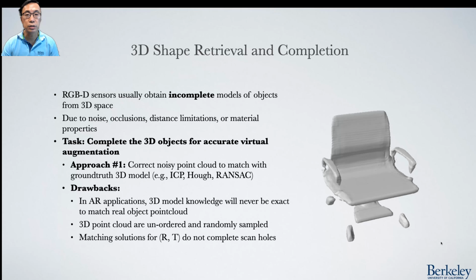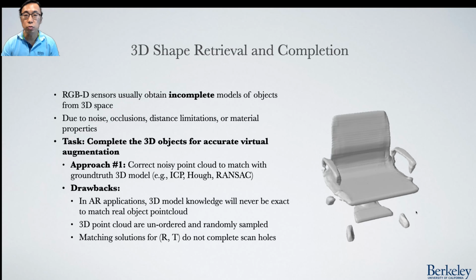First, let's focus our discussion on the challenge of automatic shape retrieval and completion. Since earlier we have emphasized that RGBD sensors tend to obtain incomplete models of objects from 3D space. For instance, when we use a time-of-flight camera to acquire a 3D model of a chair, as rendered on the right, some part of the object in space can be easily missed from the acquired 3D model.